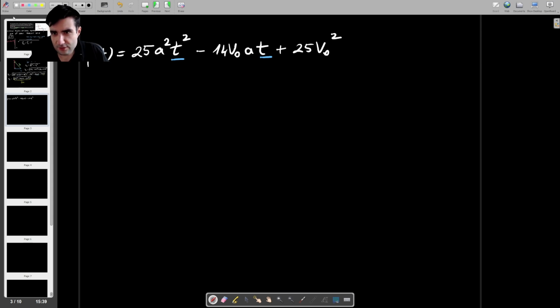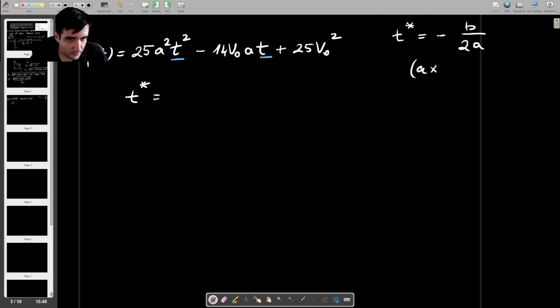You can do this in a few ways. You can either differentiate, or if you don't want to differentiate, you can also use the fact that the value of t, let's call it t star, which gives us the minimum value, is based on the formula minus b over 2a, from the quadratic equation where we have ax squared plus bx plus c. So a and b are the coefficients of the first and second term.